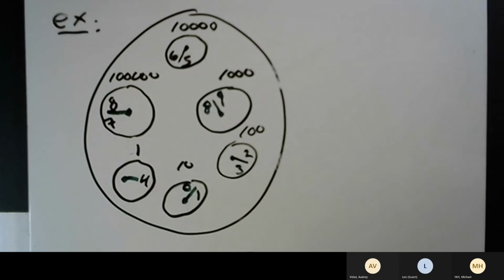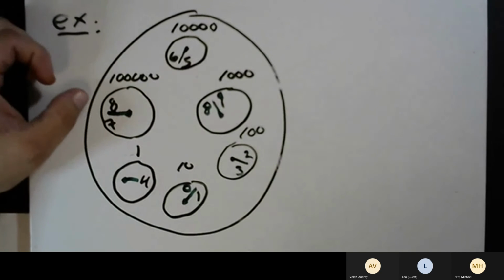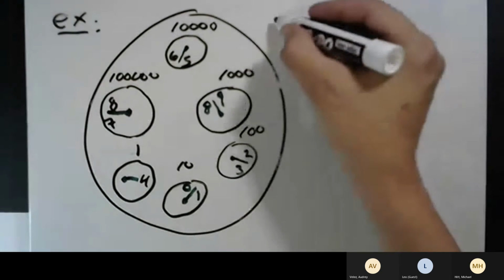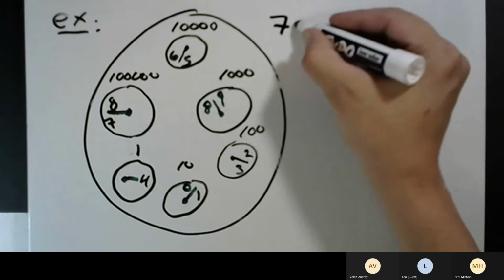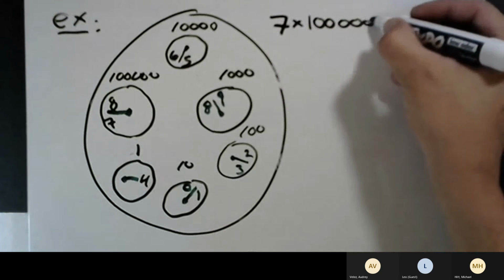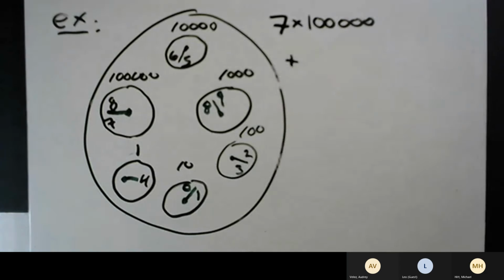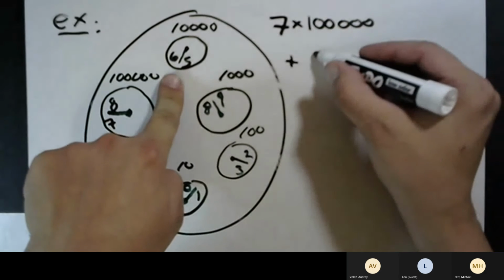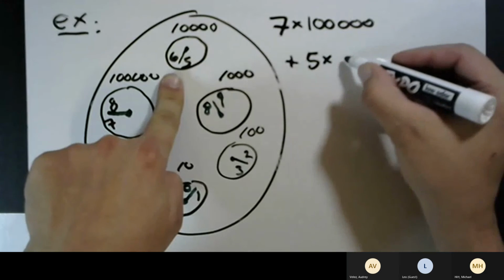So how do we read this? Well, let's take a look at the 100,000. It's between 8 and 7. So for the 100,000, we're going to go with the smaller number. Then for the 10,000, we're between the 5 and the 6. So we'll go with the 5.